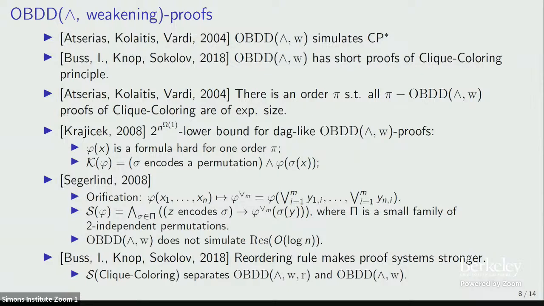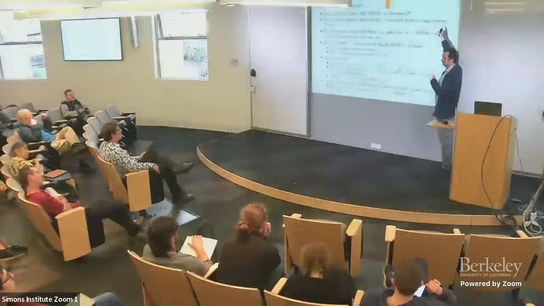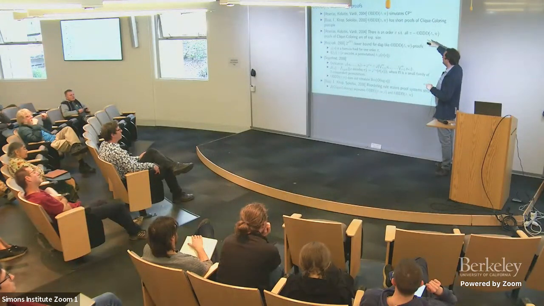Yes. So just to understand, the second and third results, both of them are fixed orders, but in the second result, it's a different ordering. Or do you allow any? One order for all. Yeah. Here also one order for all OBDDs.